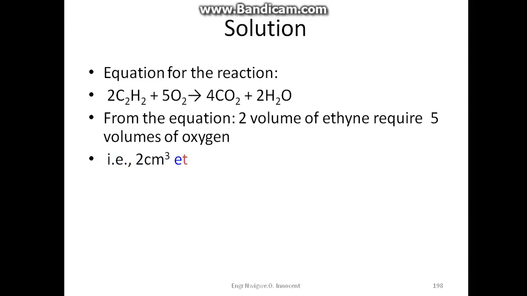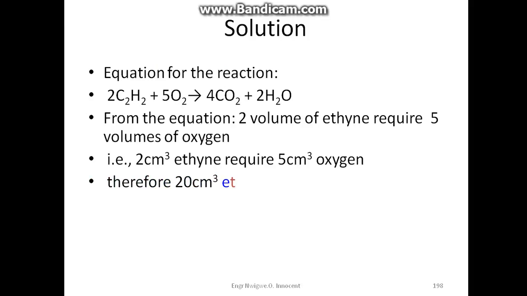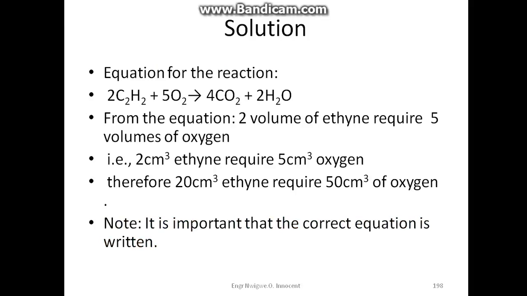That is, 2 cm³ of ethane requires 5 cm³ of oxygen. Therefore, 20 cm³ of ethane requires 50 cm³ of oxygen. Note, it is important that the correct equation is written.